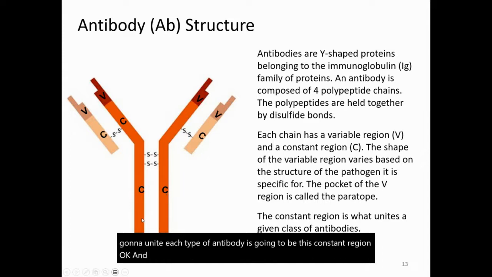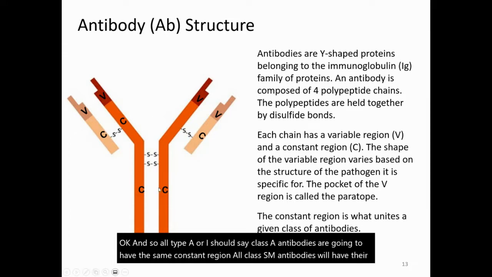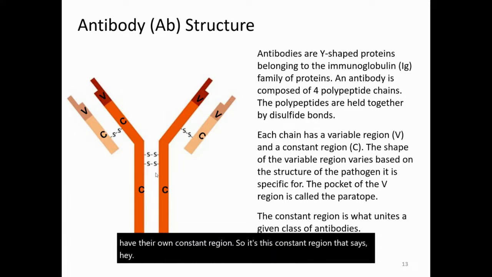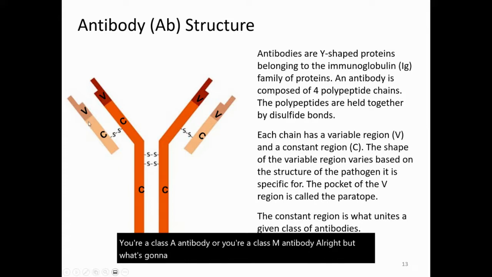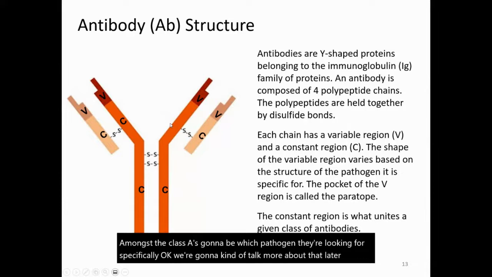And so all class A antibodies are going to have the same constant region. All class M antibodies will have their own constant region. So it's this constant region that says, hey, you're a class A antibody or you're a class M antibody, all right? But what's going to vary amongst the class A's is going to be which pathogen they're looking for specifically. Okay, and we're going to kind of talk more about that later when we get to that.